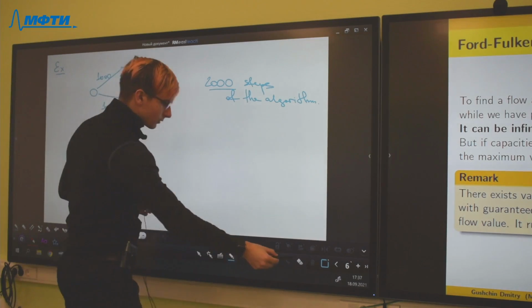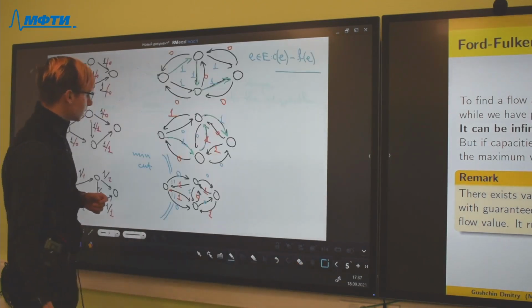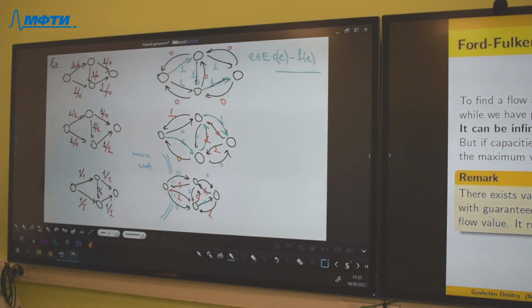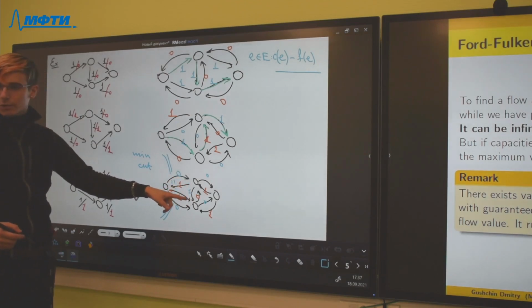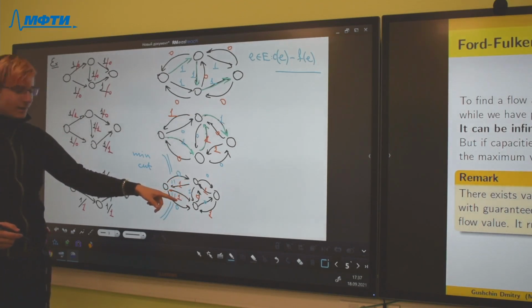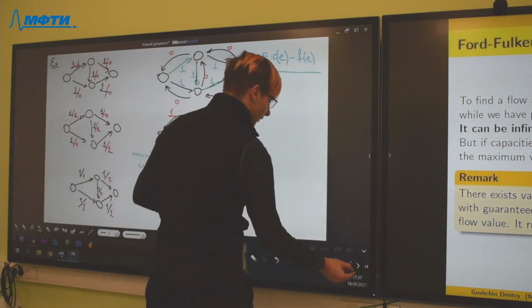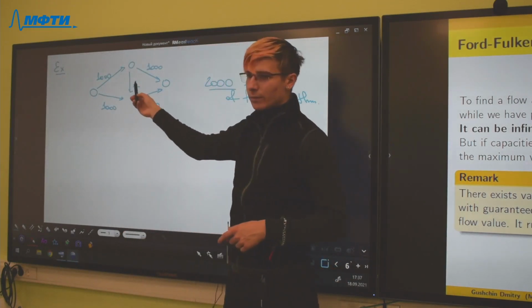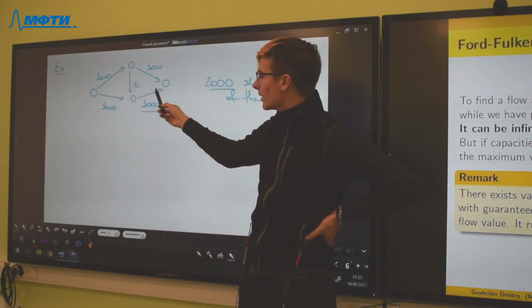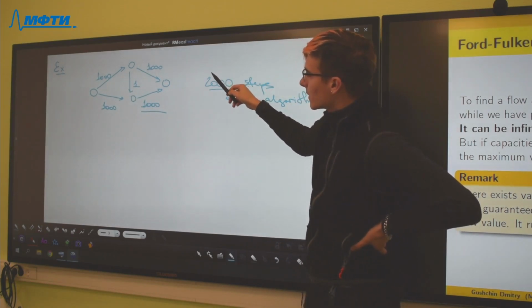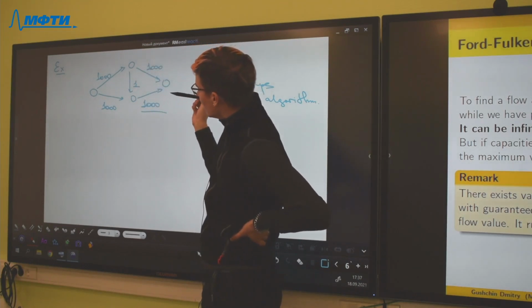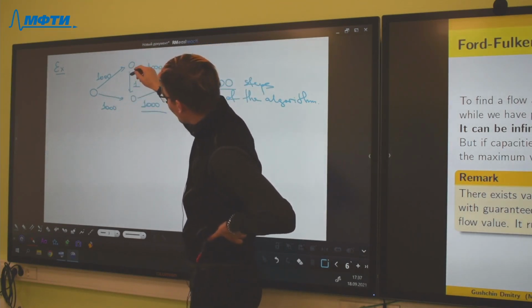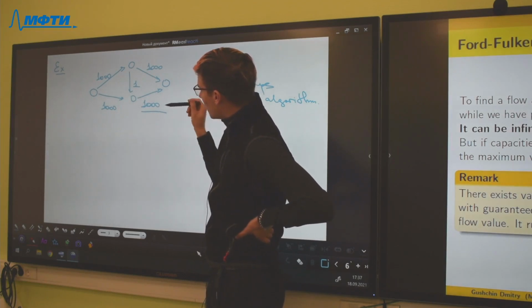Okay, go back to this example. We can get an augmenting path through the middle edge in each step. And then we can increase only by 1, because the minimal capacity of edges contained in paths that go through the middle edge is equal to 1.